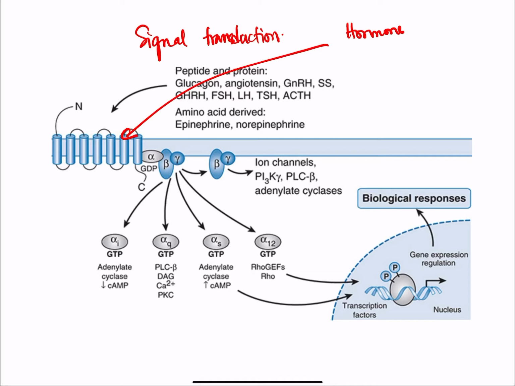So that is signal transduction. So hormones typically stimulate signal transduction. They send information from the outside of the cell to the inside of the cell through a series of effector proteins and second messengers. Okay, so that's how hormones typically work.